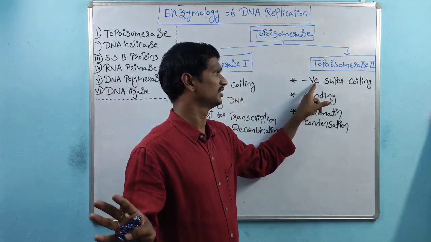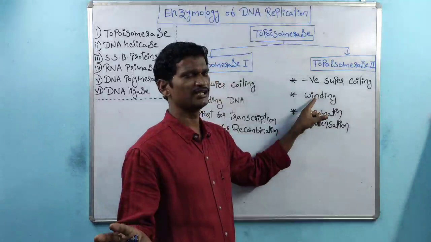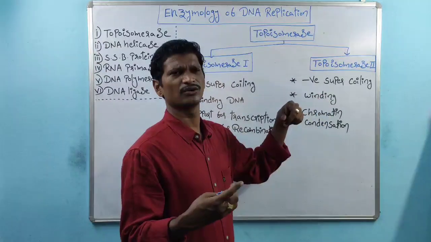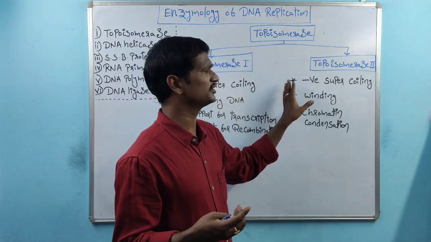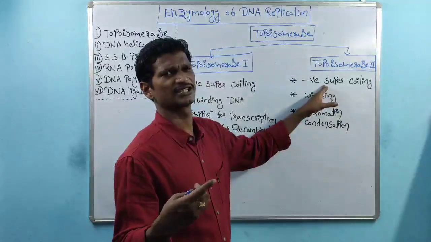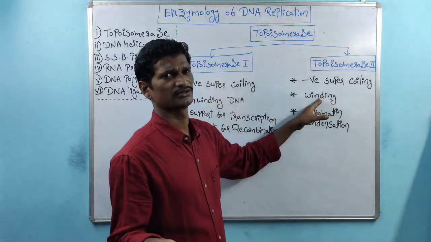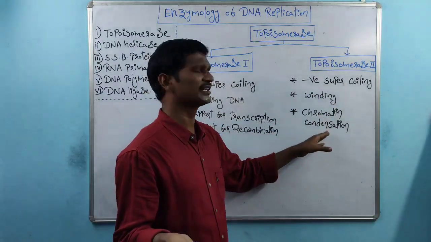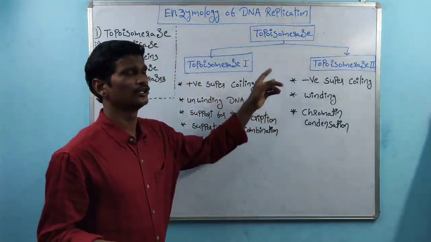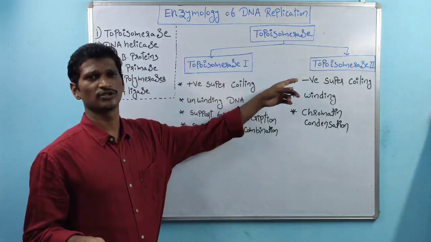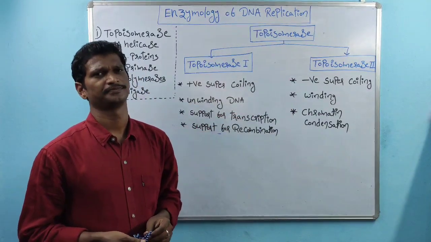And the other one, negative supercoiling: after the DNA replication process, coil-like or helix-like structures are generated in the winding process and the chromatin condensation process, means chromosome formation, right? That is about topoisomerase 1 and topoisomerase 2, the functions of topoisomerases, right?